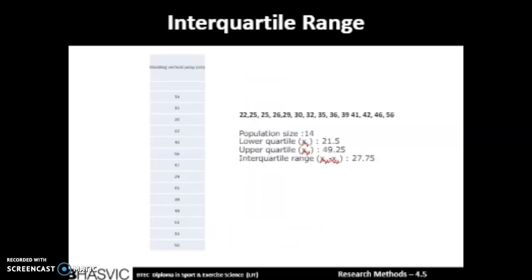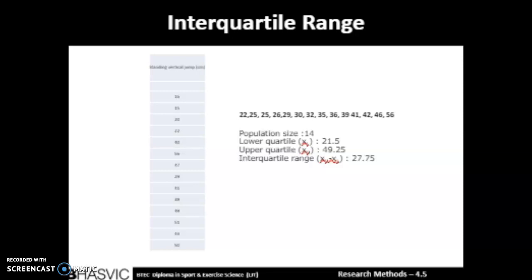The interquartile range is a measure of variability based on dividing a dataset into quartiles. Quartiles divide a rank-ordered dataset into 4 equal parts. The values that divide each part are called the first, second, and third quartiles, and they are denoted by Q1, Q2, Q3 respectively. Q1 is the middle value in the first half of the rank-ordered distribution set.